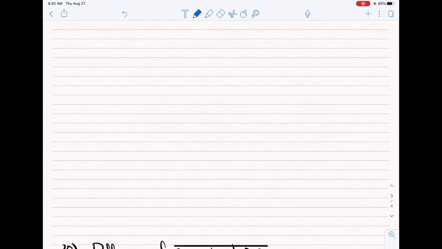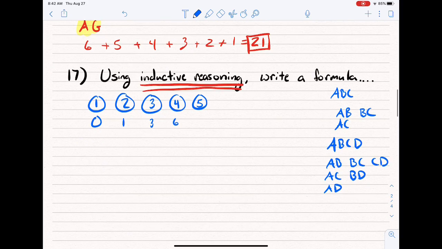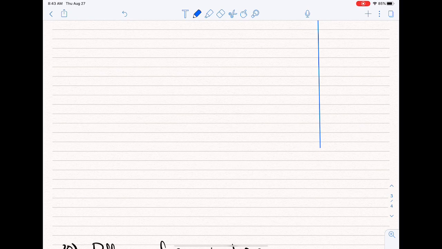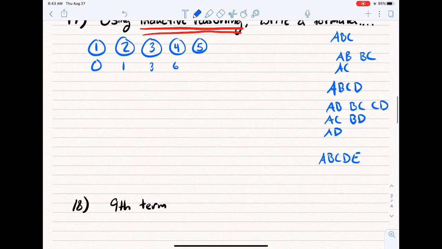Okay, with 5 people, I would have A, B, C, D, and E. And so again, I'm scooting this paper down. Okay, with 5 people, I would have A shakes B, A shakes C, A shakes D, and A shakes E. B would have to move on to C, D, and then E.